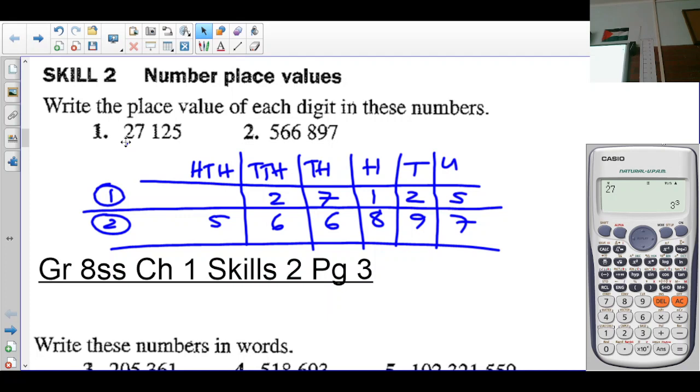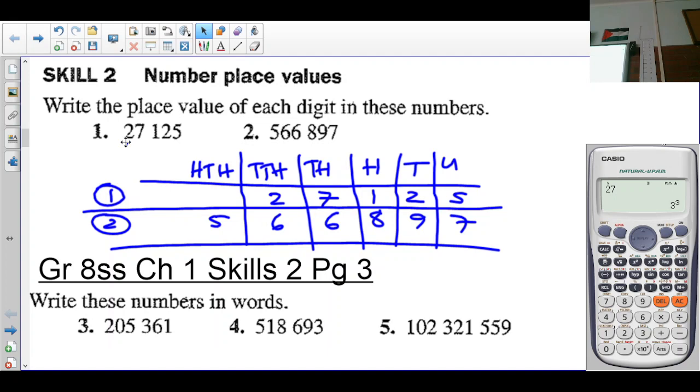Could you all read that number? Now what is that number? Just give her a chance. You all agree with that? Okay, so that is fine.